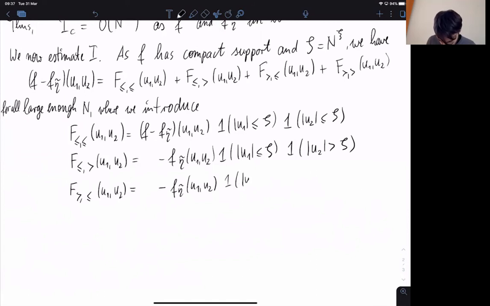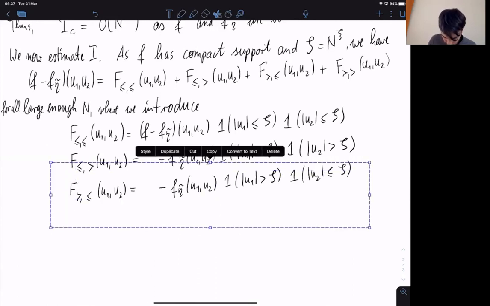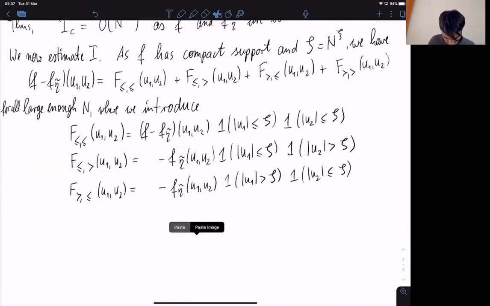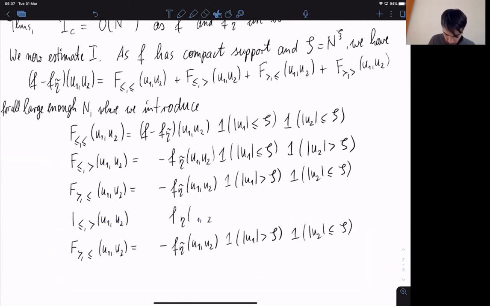So now the U1 is big, and U2 is not too big. And then maybe the last one I can just copy. For the last one, both arguments are big.